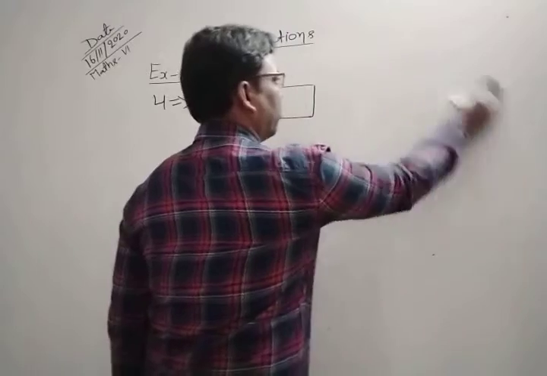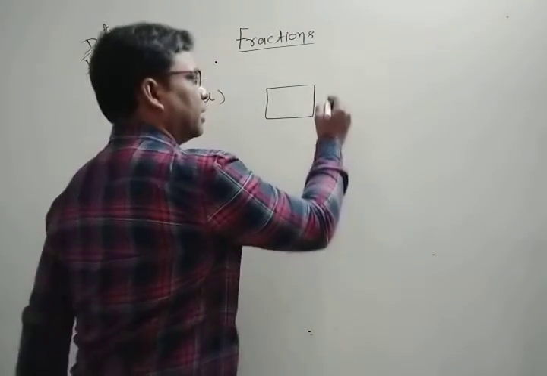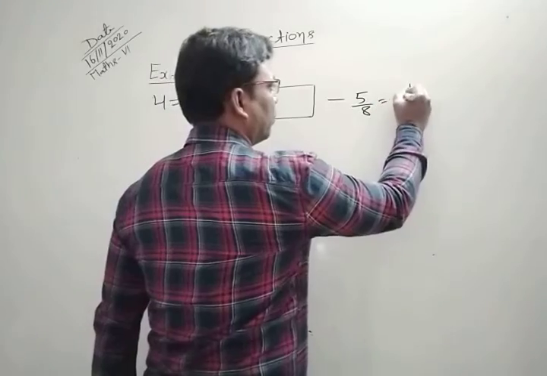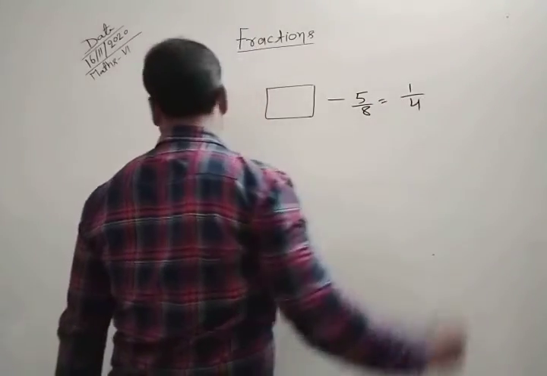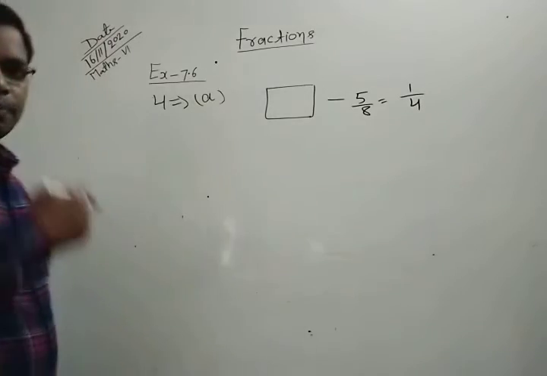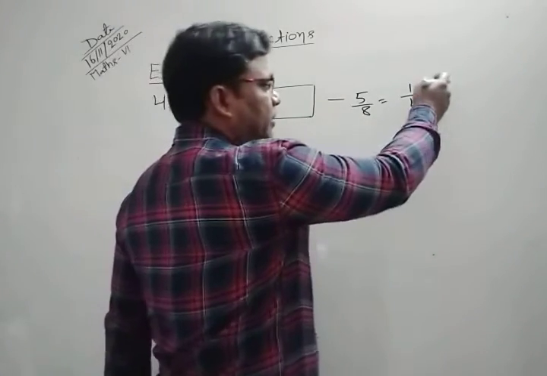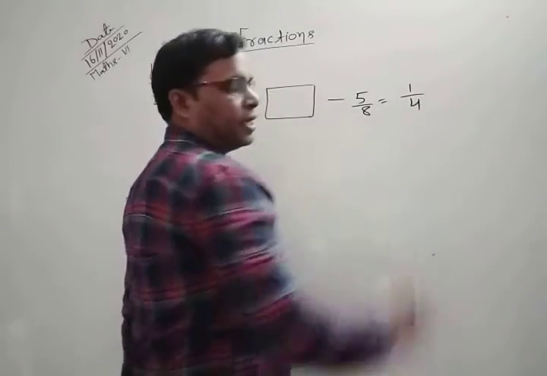This is a box minus 5/8 equal to 1/4. Clear? So we transpose minus 5/8 to the right hand side.